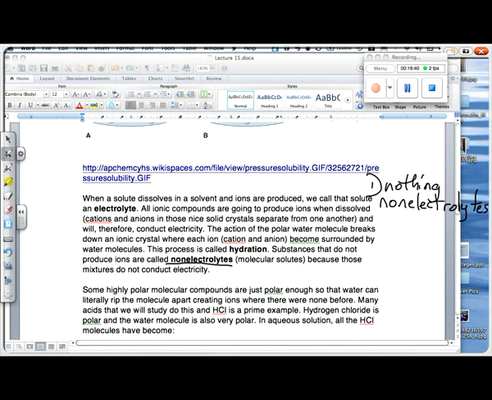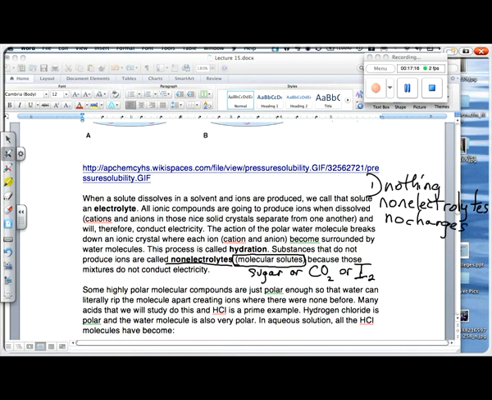Well, if nothing happens to the solute particle, then it was probably a non-electrolyte, and therefore it must be molecular, which means it's sugar or carbon dioxide or iodine or any other molecular substance that's non-metal. They don't produce charges. So non-electrolytes, no charges.